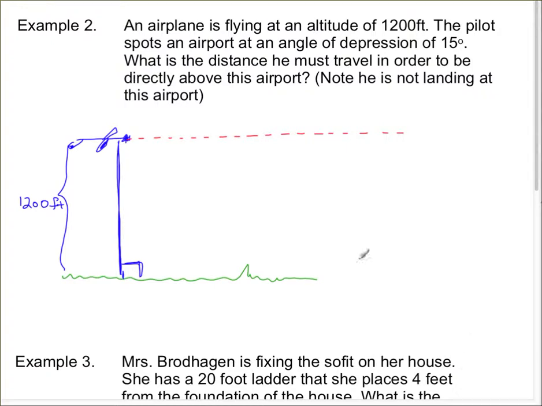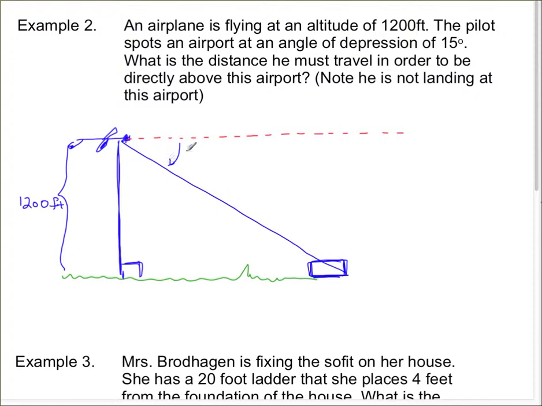Let's draw our airport. Here's our airport. Looks a whole lot like a box. So he has to look down to spot the airport, and when he looks down, that's the angle he measures. He does not measure this one. No siree, Bob, and neither are you.